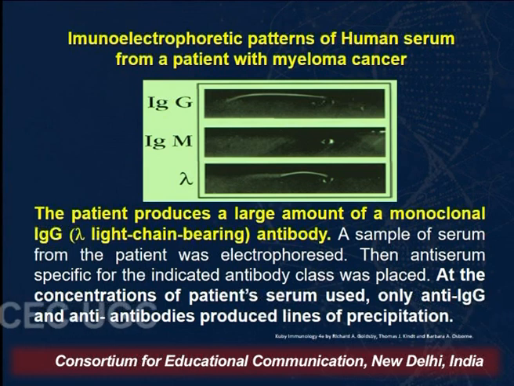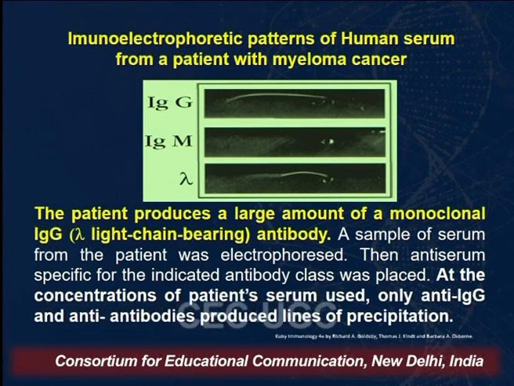A sample of serum from the patient is taken and electrophoresed. Then the anti-serum specific to the indicated antibody class is placed. The sample was loaded into the central well and electrophoresed based on charge density, and then the anti-serum specific for that antibody class was placed in the trough on top of the well.